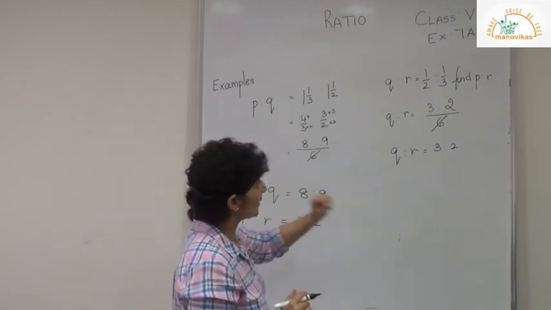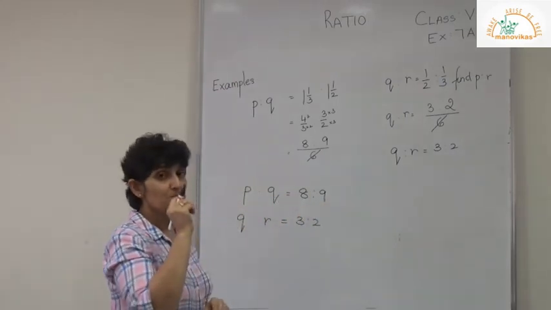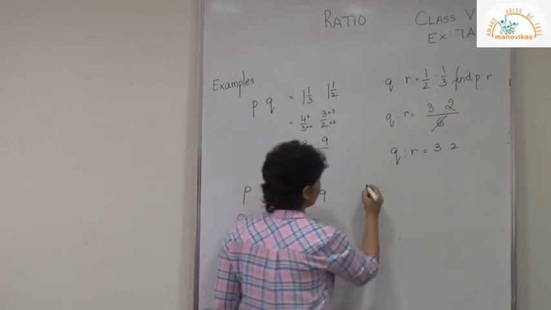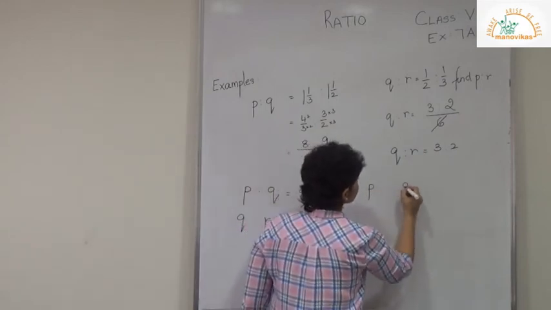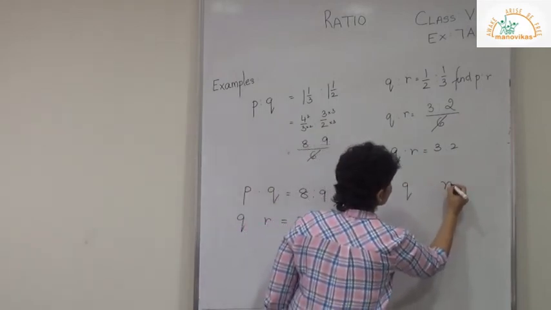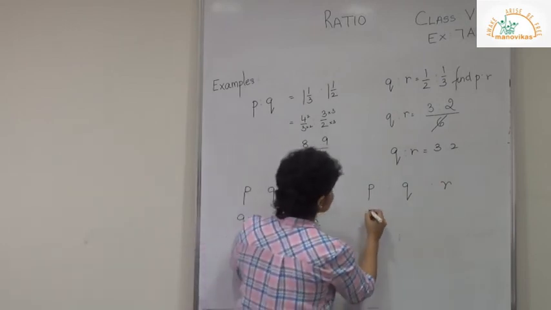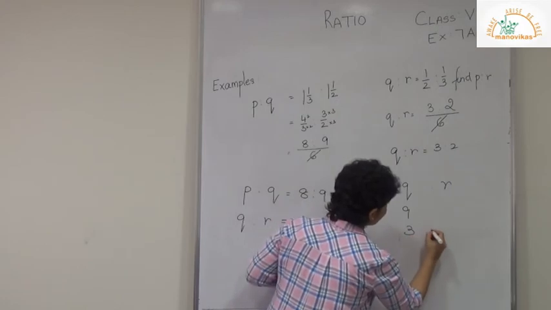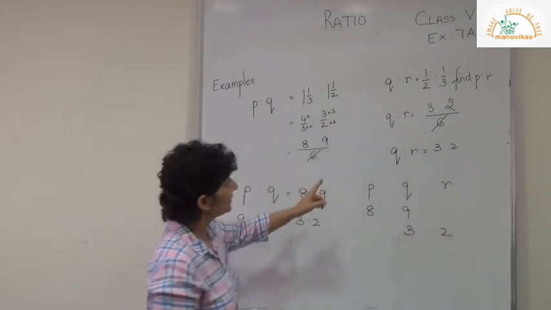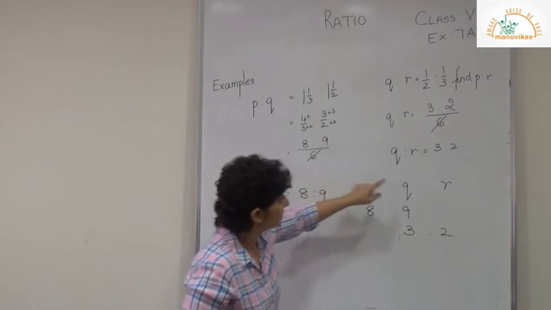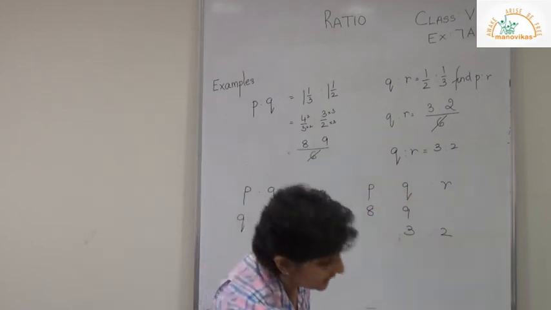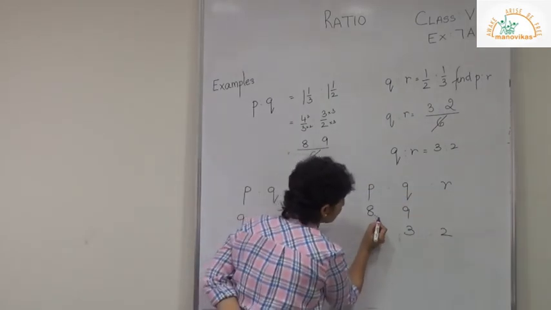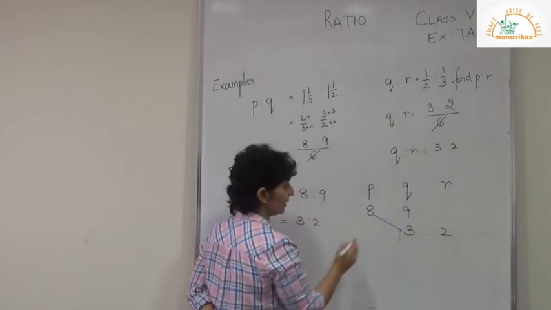Now, what is your question? You need to find out P is to R. So let's write it. P is to Q is to R. So that is 8 is to 9 and this is 3 is to 2. I need P is to R. I just taught you a while ago how we find this.